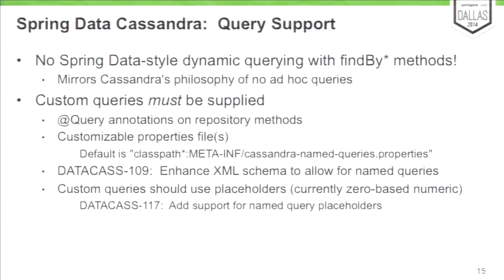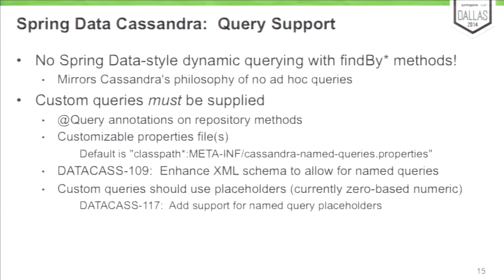Okay, there are two ways currently to define those queries, and a third coming. The first is naturally query annotations. So we annotate a method in our interface that actually contains the CQL statement that represents the query. Another one is that you can provide those queries in properties files.